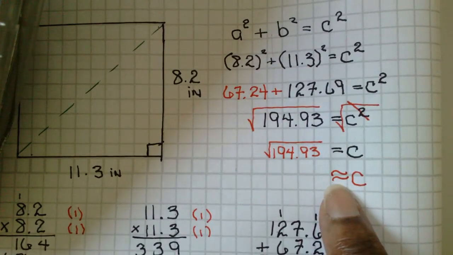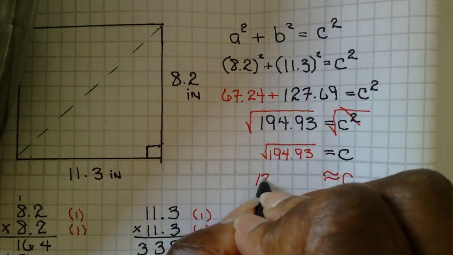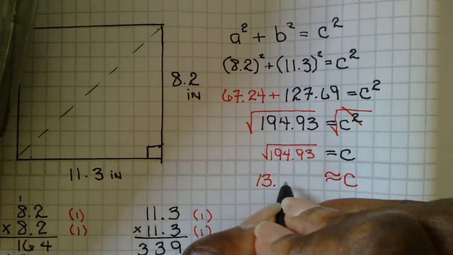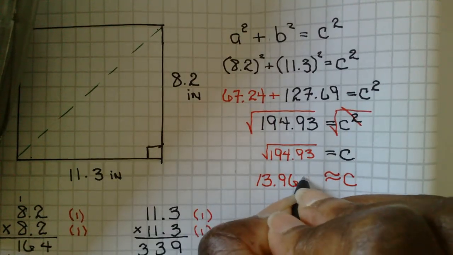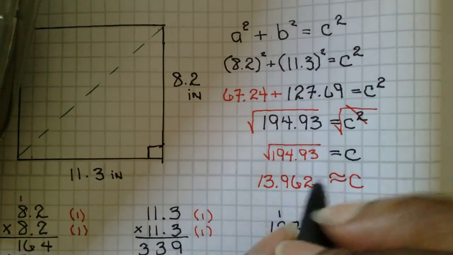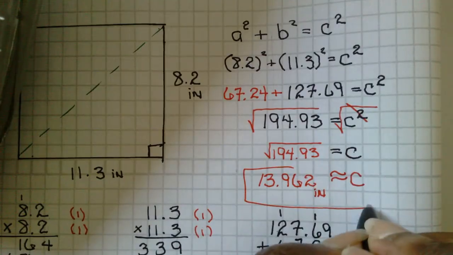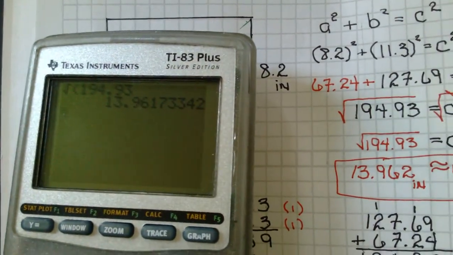The waves means approximately. So it's approximately, because we're rounding, and how did I get that? Ooh, not a good angle. Okay, that's a little better.